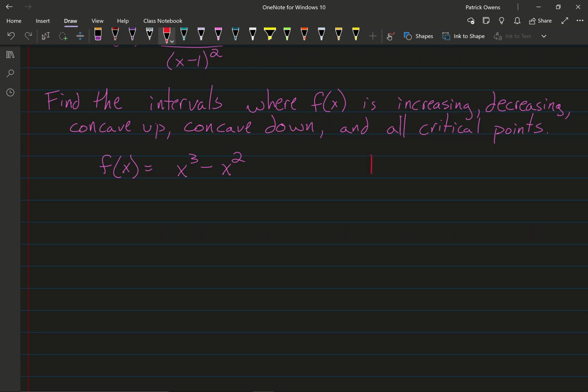The first one is when we use our first derivative to find our increasing, decreasing intervals and our maximum and minimum values. Then our second step, we will use our second derivative indicated by f double prime of x to find our inflection points and concavity.